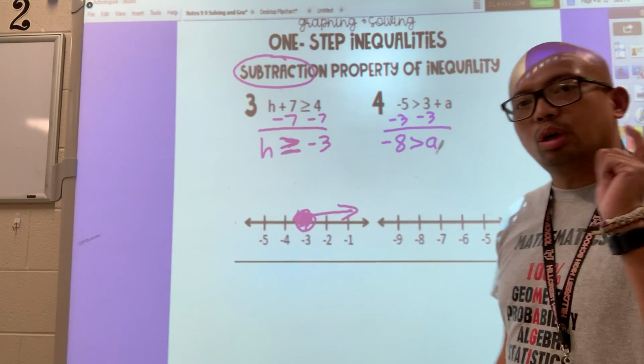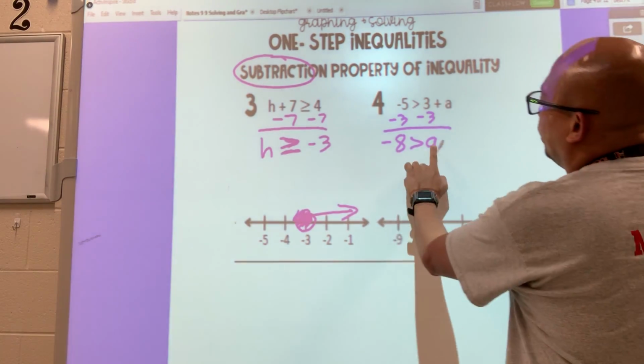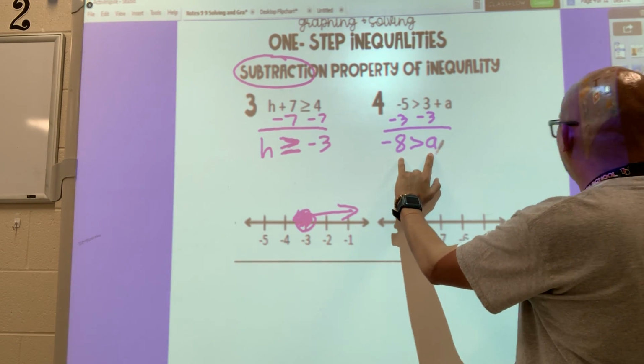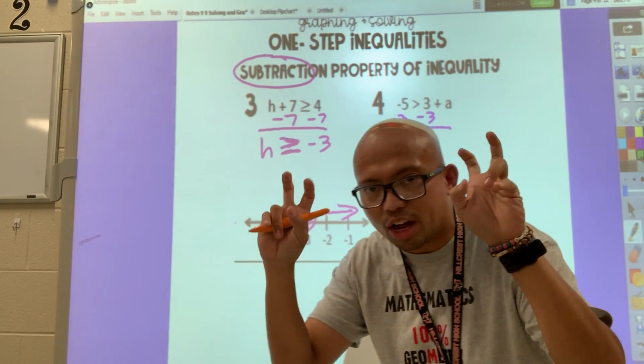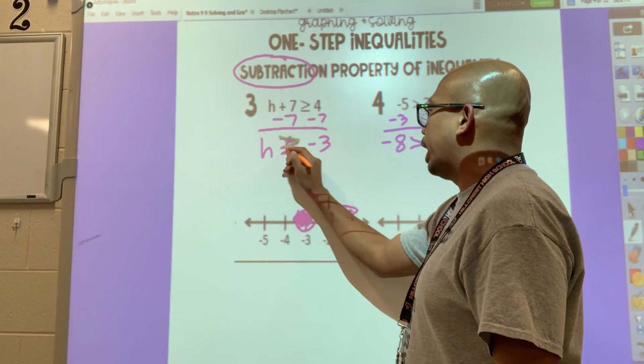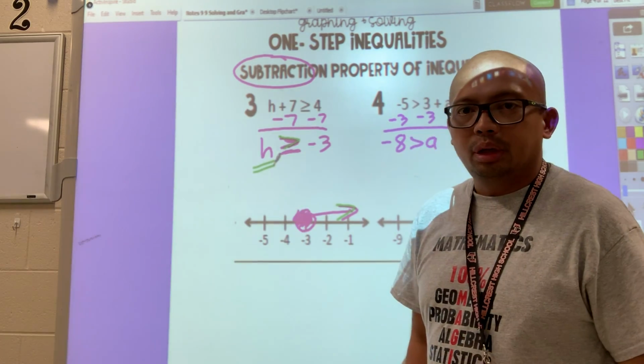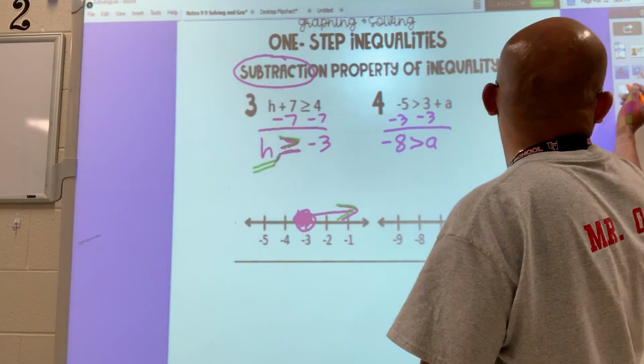This time, this is a good tricky problem. The variable is on the right side of the inequality. For the most part, we're following the friendly advice that if it's pointing to the right, we go to the right. But take note, where is the variable? The variable is on the left, even here.